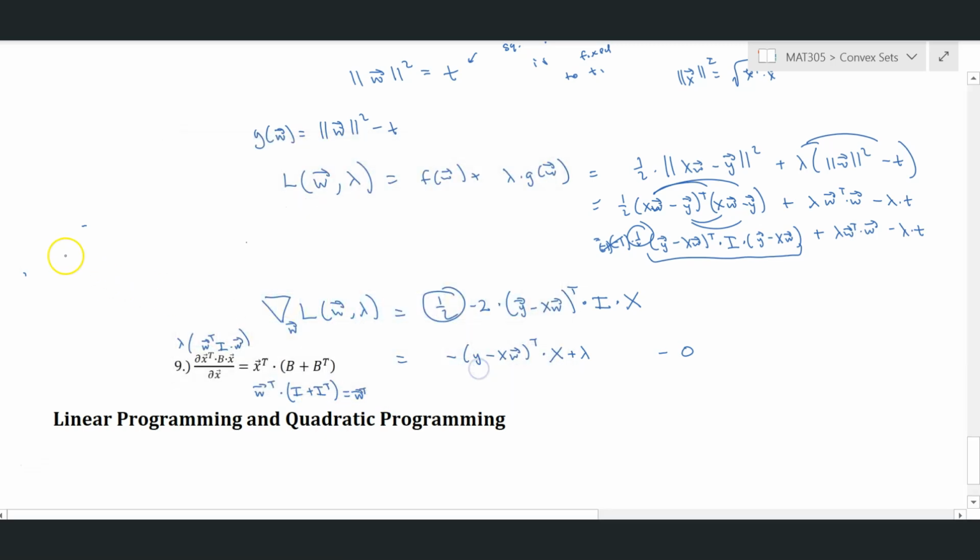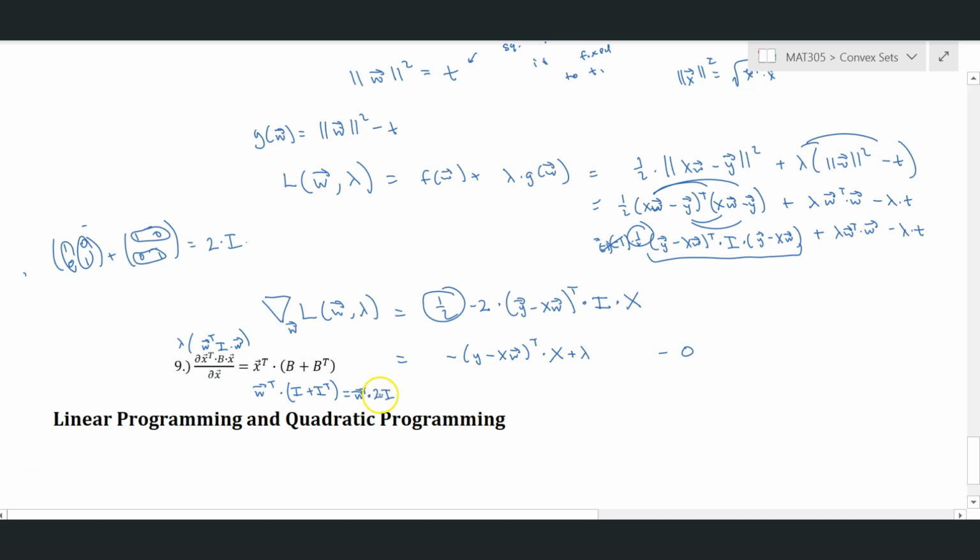Let's just think about the 2x2 case. If we had 1, 0, 0, 1, and then you transposed it, you turn the columns into rows, 1, 0, 0, 1. Notice that's still the identity, and you'll just get 2 times the identity. So that means we'll have times 2 times the identity.